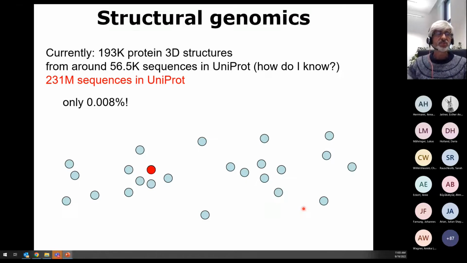And now say that someone solves the structure of one of these proteins in this cluster over here. The idea of structural genomics and actually of homology modeling is that now, even if I don't know the structure of all of these proteins, at a certain distance of similarity, if the protein is not related, it's very different, I cannot do anything.